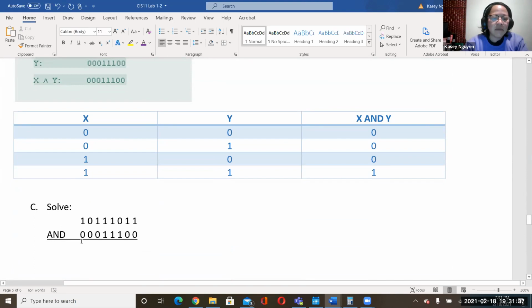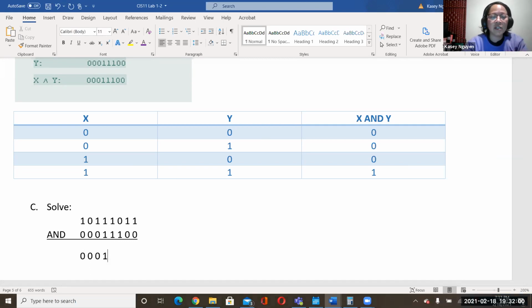because when we have the AND in the mix, anytime you have a 0, you get a 0. A 0 and a 0 is 0. A 1 and a 0 is 0. A 1 and a 1 is 1. This is different than add now, okay? This is a logical operator.